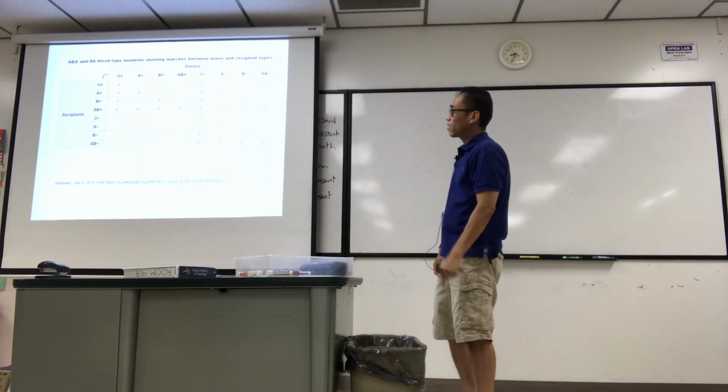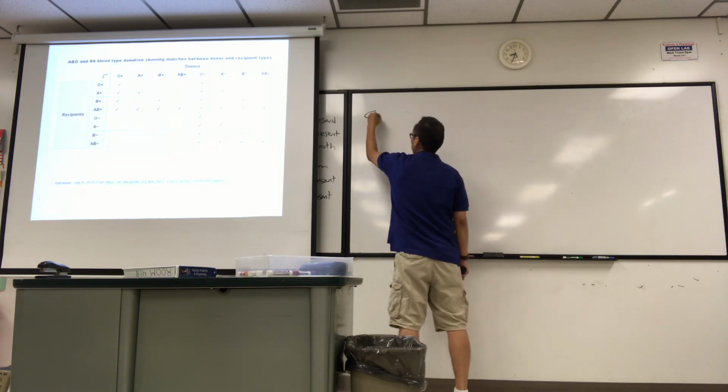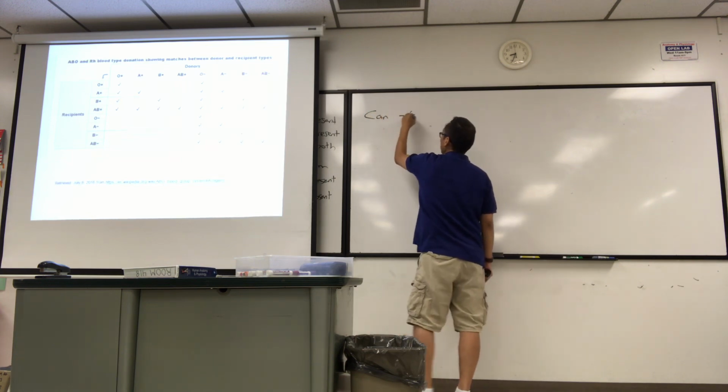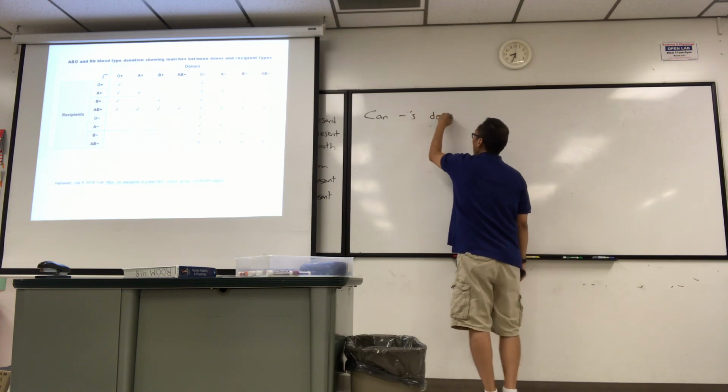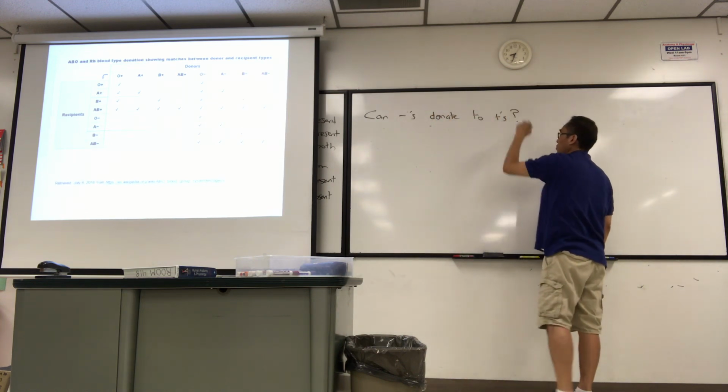So what are some generalities? Let's start with this. Think about the RH thing. Can negatives donate to positives? Let's start with that as a general rule.